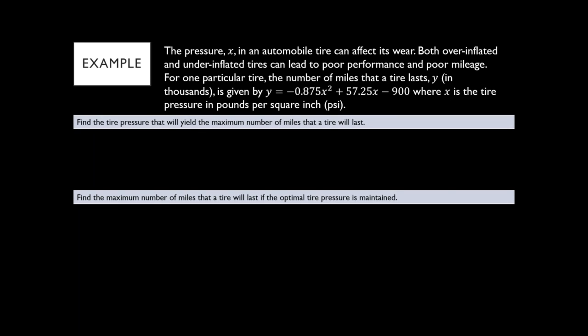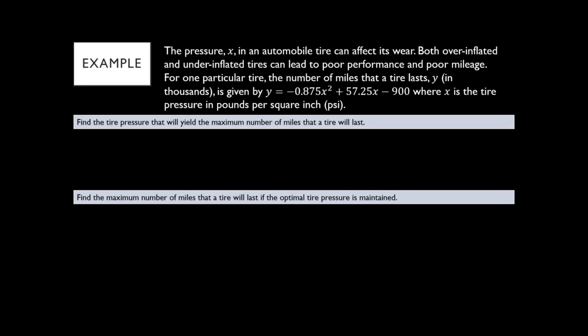The pressure x, so our input here is x, in an automobile tire can affect its wear. Both overinflated and underinflated tires can lead to poor performance and poor mileage. For one particular tire, the number of miles that a tire lasts, y, in thousands, so it's important that these are thousands.